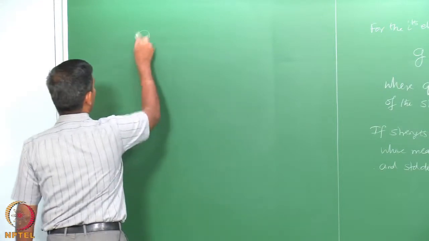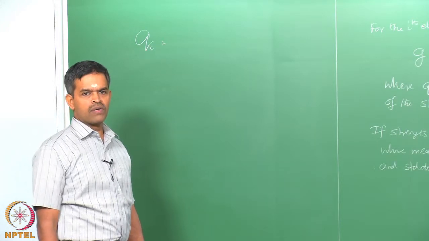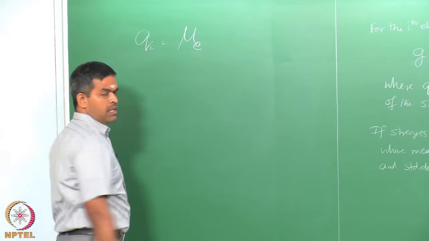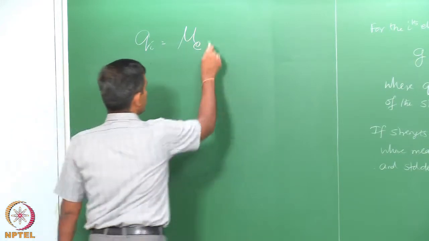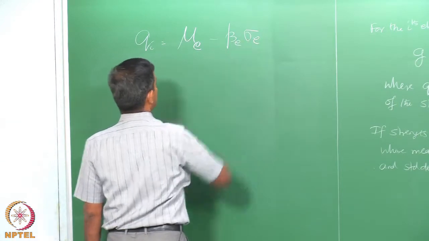Now, q I, which is the load effect required for the reliability analysis, is simply given by the mean of the element minus the reliability index times the standard deviation of the element.